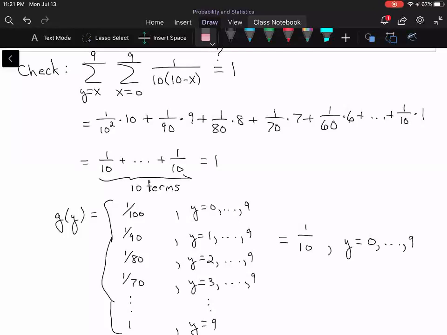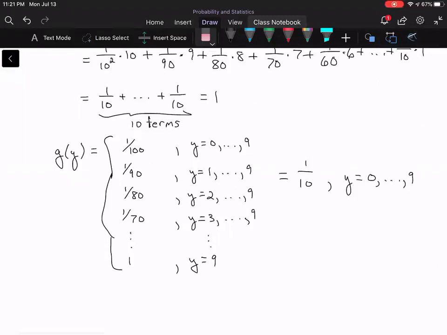So then I realized, okay, rather than try to think of a single function term that g of y is, it's easiest to view it as a piecewise function, which is what I wrote next. When y can be 0 through 9, which is when x is 0, that probability, or the PMF, is 1 over 100.